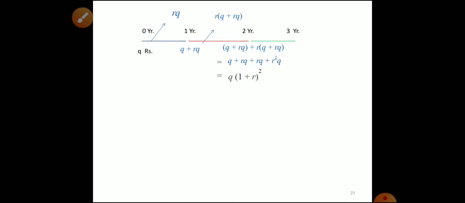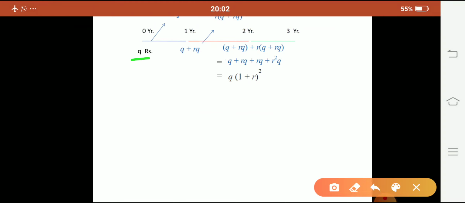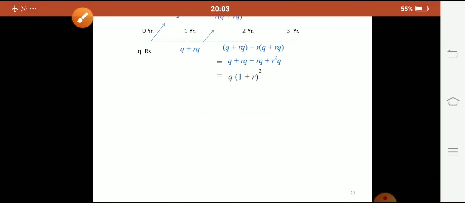For that, let us consider this diagram. Here Q rupees has been invested, and at the end of the first year the amount becomes Q + RQ.